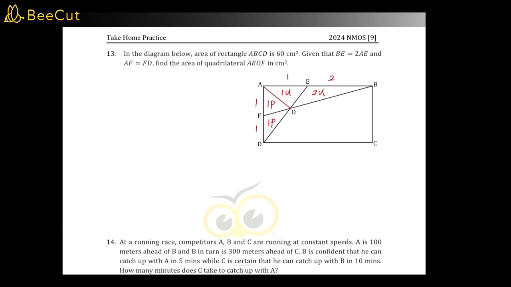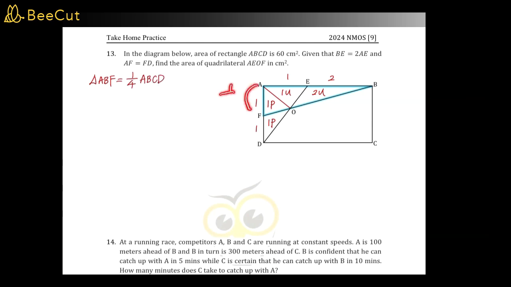So we can check the total area is 60. Then first we check this one. Triangle ABF. ABF is a quarter of ABCD.